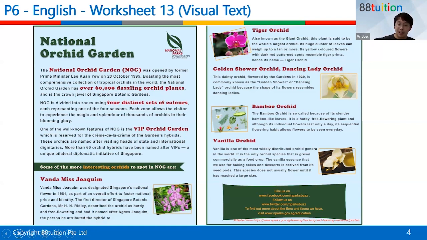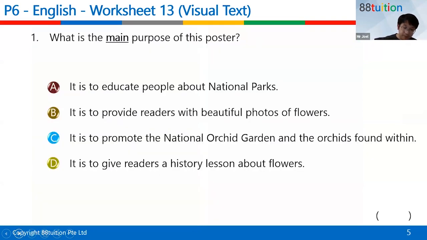Let me know when you're done taking a picture of this, because you need to refer to this to look for the answer later. Jairus, are you done? Okay, good.